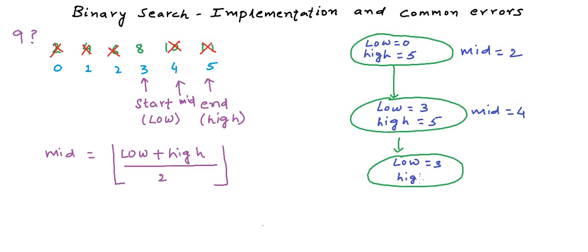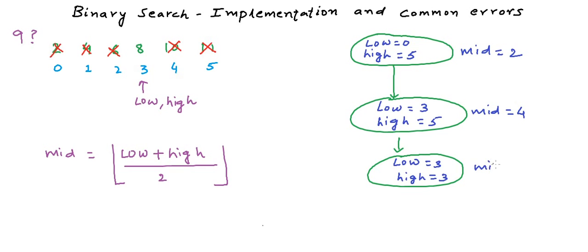Now 3 is both low and high, and the mid element of this range would also be 3 only. Now this mid element is also not equal to our desired number. 9 is not equal to 8. Now once we have only one element in our search space and we have still not found our desired element, our search is over and we could not find the element.